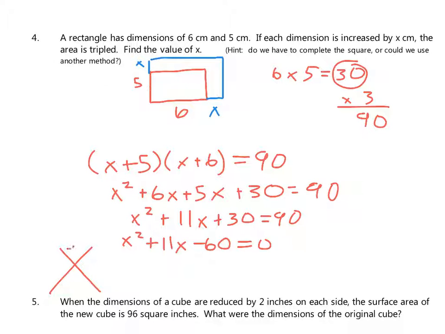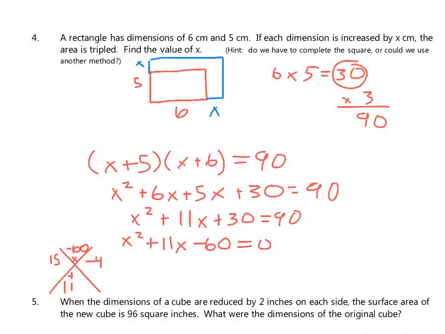Negative 60, positive 11: the two numbers that multiply to negative 60, but add up to 11. If you're multiplying to a negative, you need a positive and a negative. So this one's going to be positive 15, negative 4.